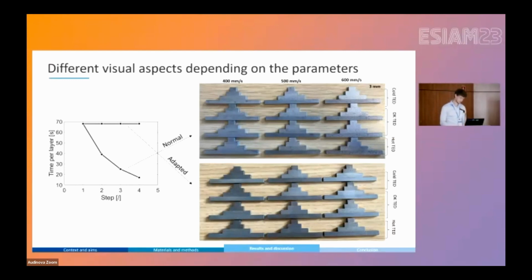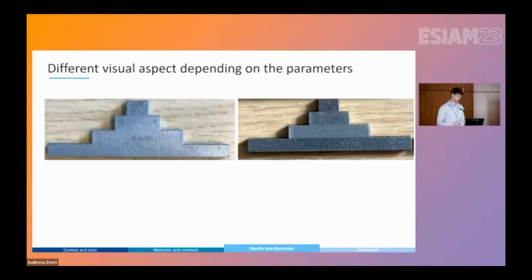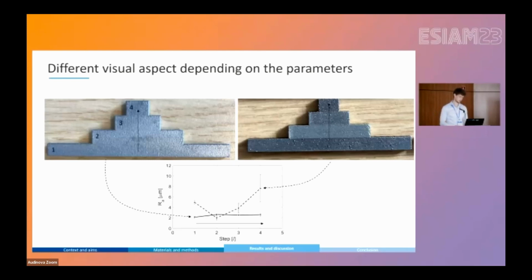And if we take a closer look at the best samples and the worst samples, we see on the left that this is actually what we want to have on each part you want to build. You want a homogeneous surface everywhere. And on the right, this is what we mostly get. We have a lot of different colors here. And when I say color, of course, I mean surface roughness.